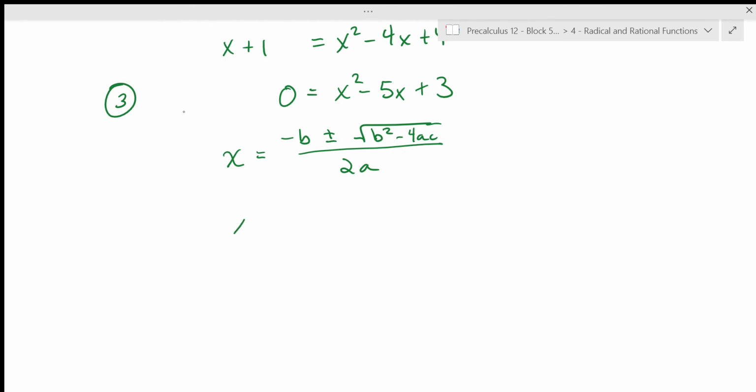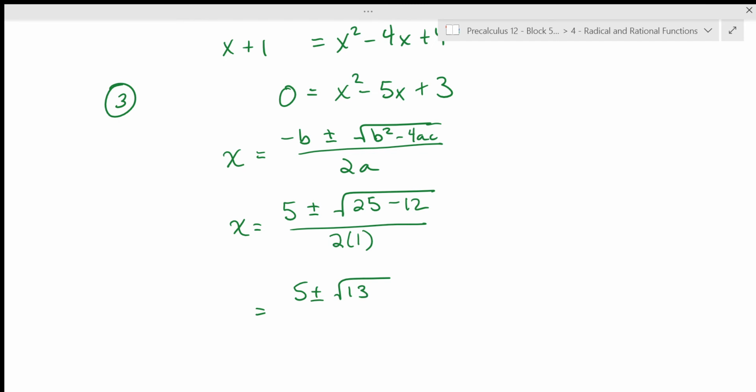So, we have x equals negative b, that is 5, plus or minus the square root of 25, minus 4 times 1 times 3, which is 12, all over 2 times 1. Okay, so simplifying that, we get that x is 5 plus or minus radical 13 over 2.